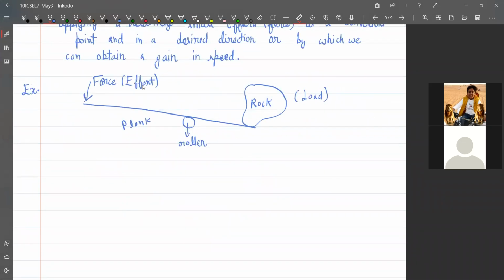So the first example, you can write, we are using force to lift a heavy load. So in the function of simple machines, the first thing that you can write is lifting of heavy load.